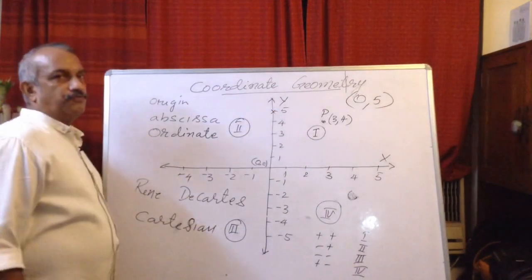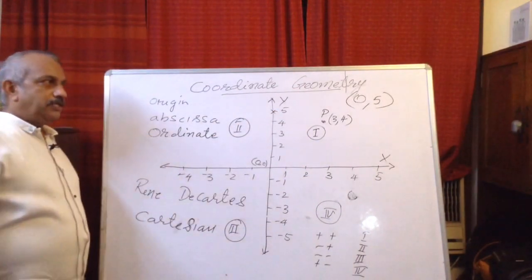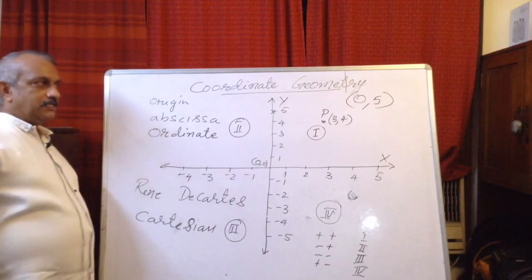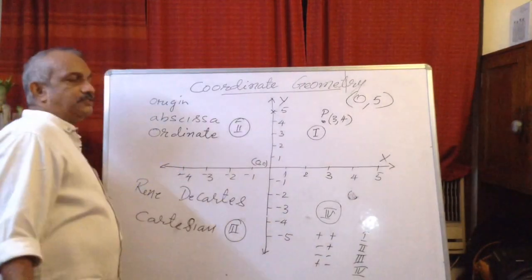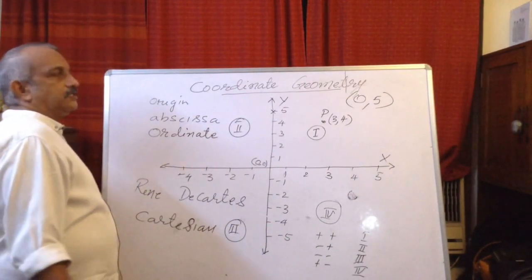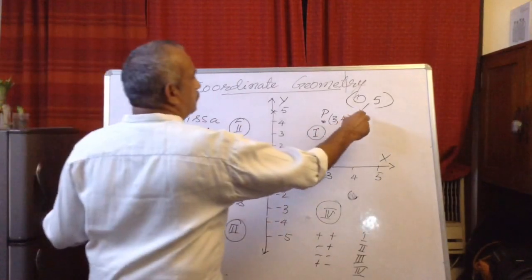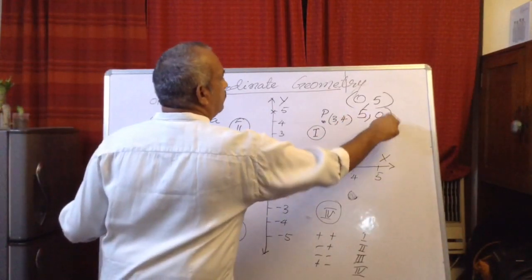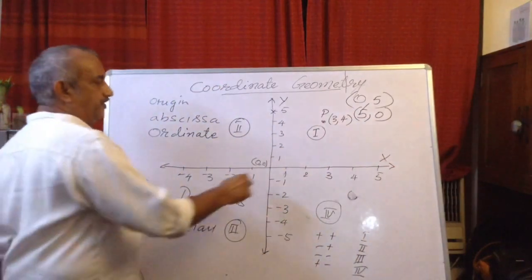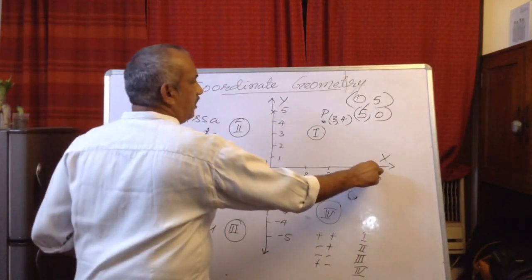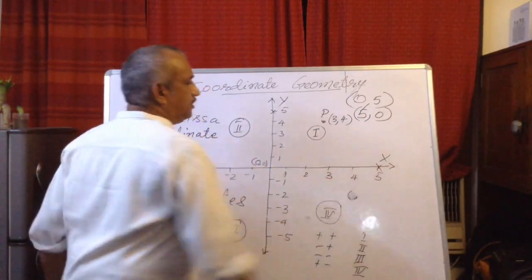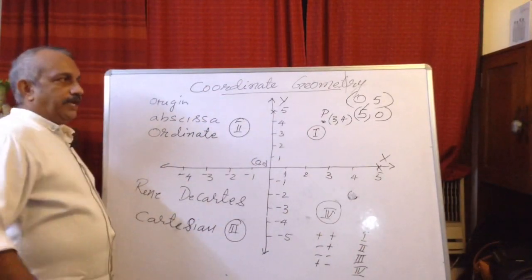So if the x coordinate is 0, it is on the y axis, and if the y coordinate is 0, then it is on the x axis. Say 5, 0: first we go to 5, then y is 0 only, so here itself.